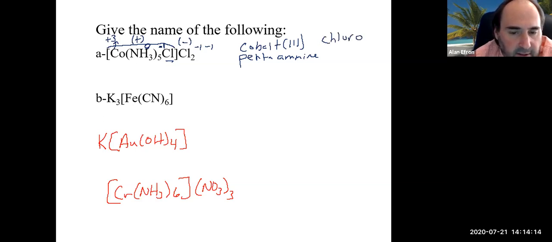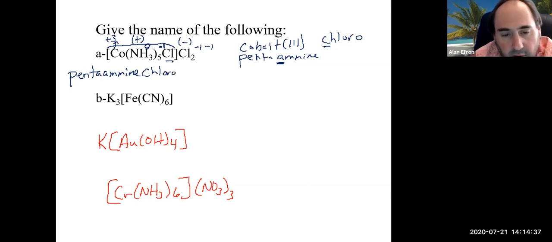So that is all the components of our complex ion part. Again, the metal comes at the end of that part of the name, and we want to put the ligands in alphabetical order, ignoring the prefix, so A before C here. So that's going to be pentaammine, chloro, cobalt, Roman numeral 3.